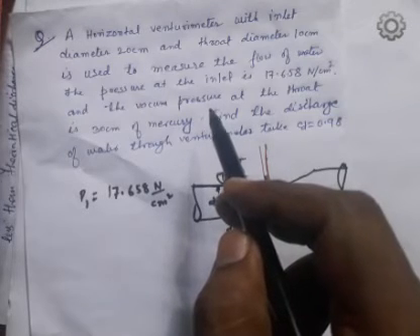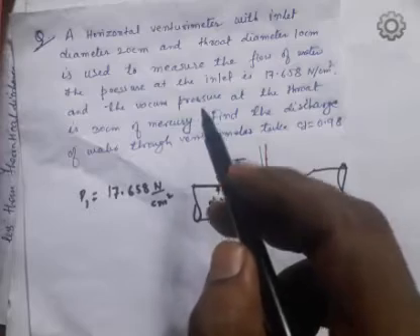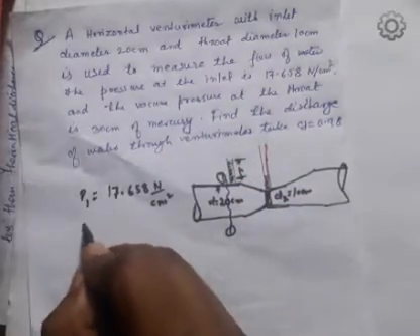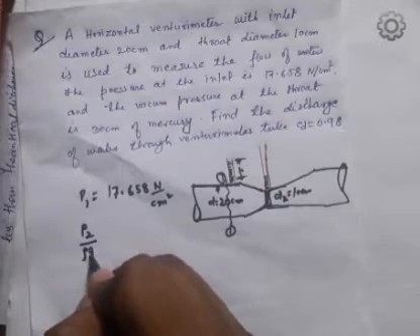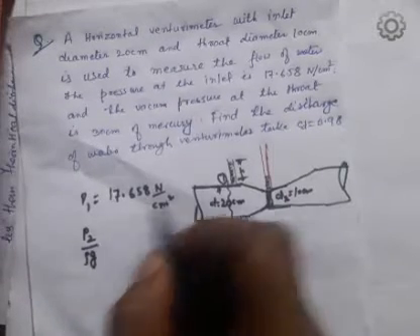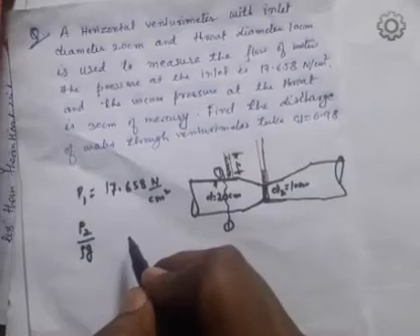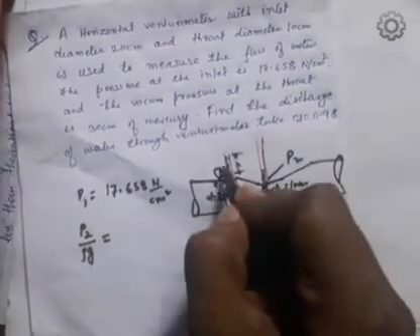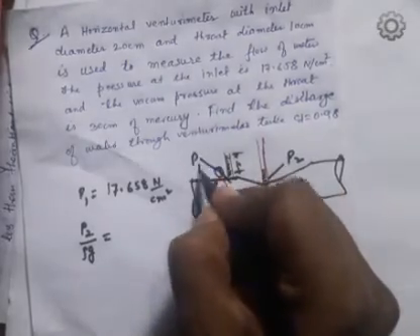That means the vacuum pressure, that is P2 by rho g. We have taken P2 by rho g because it is given in terms of head. Here the pressure is P2, and here the pressure is P1.